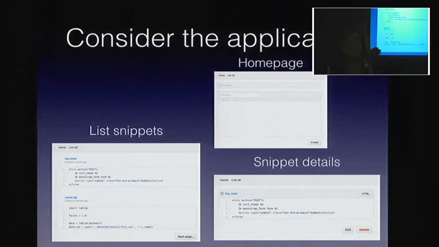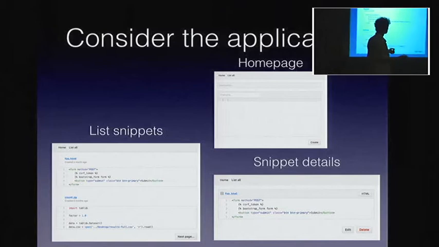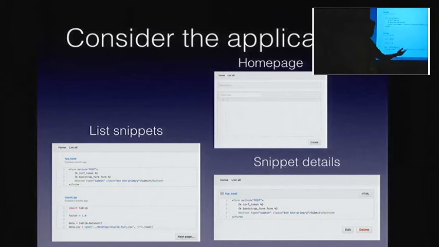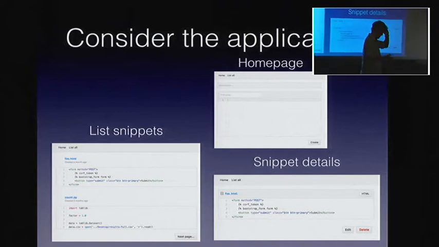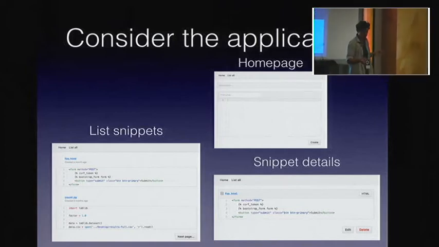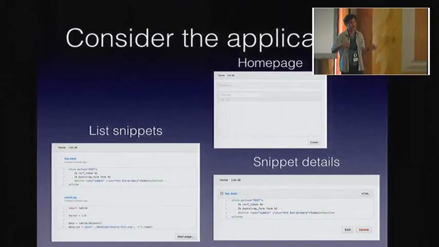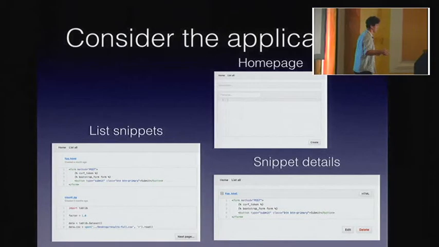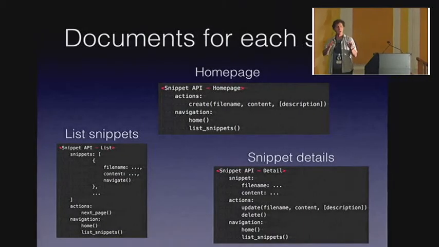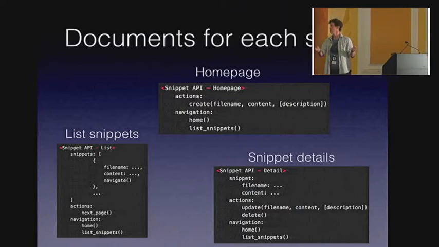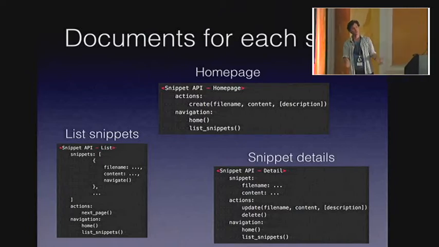Just think about the user flow, the data, the different pages or different modals or different views that might be available within your application, the data that's available within each of those, and the links that are available within each of those. And once you've done that, you can map those different pages onto abstract document types and say, what do each of our different states look like? What will each of our different states need to look like?